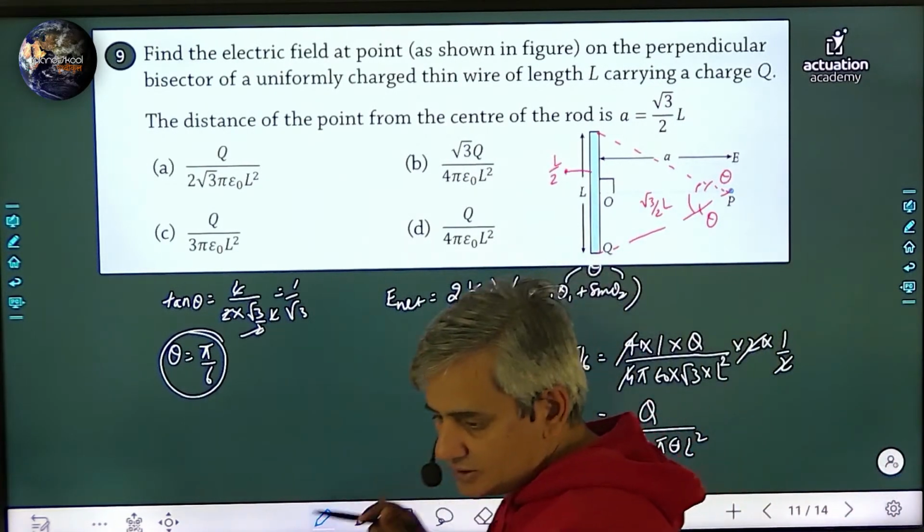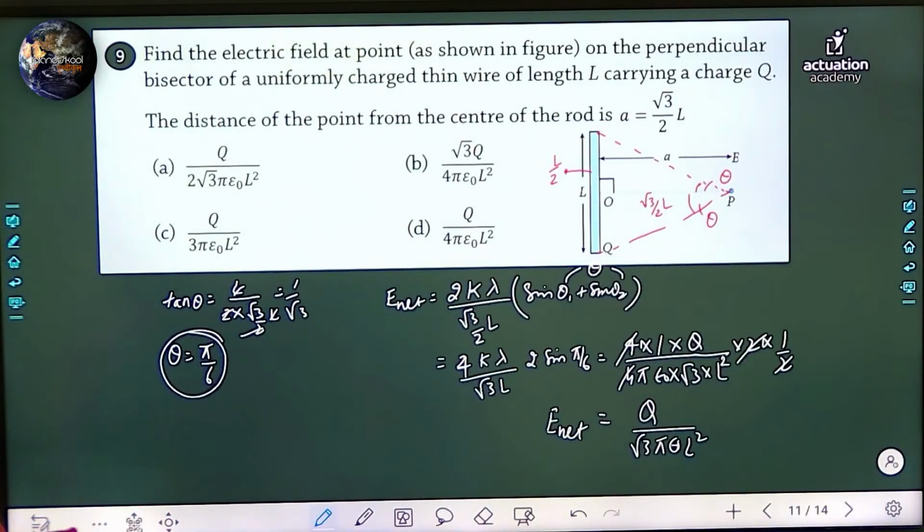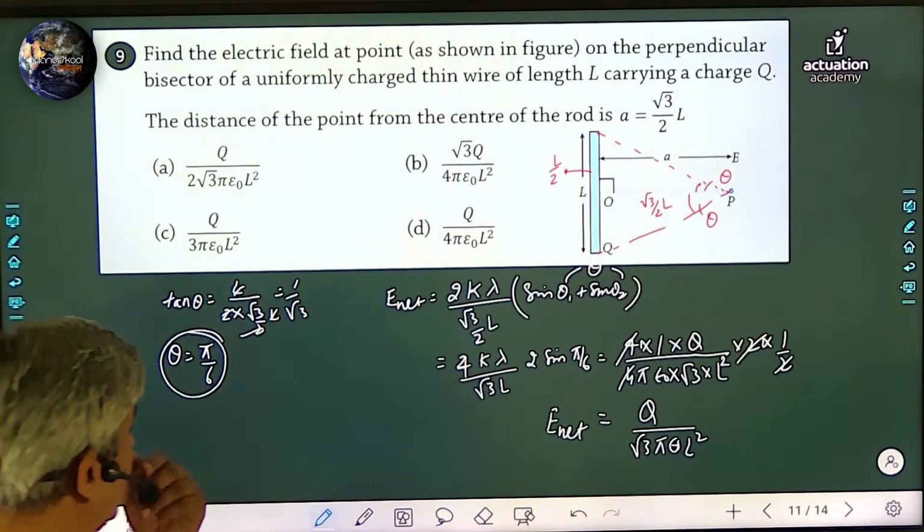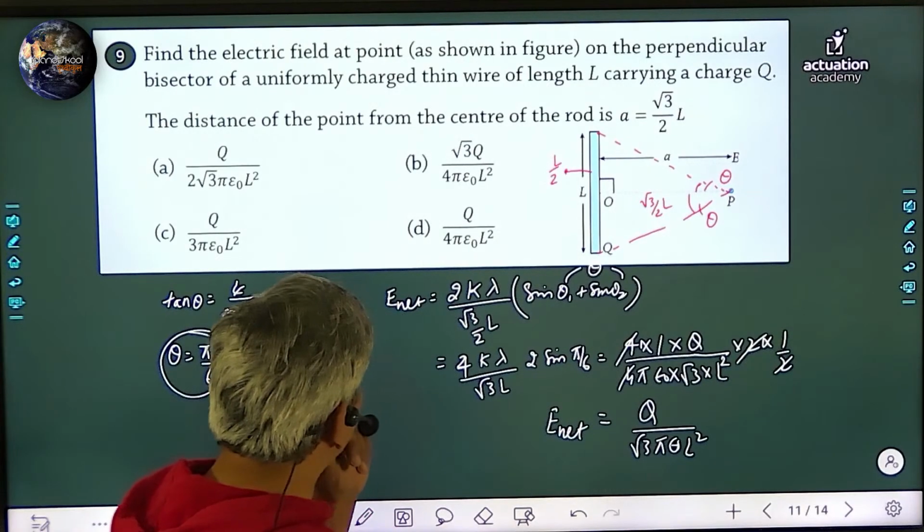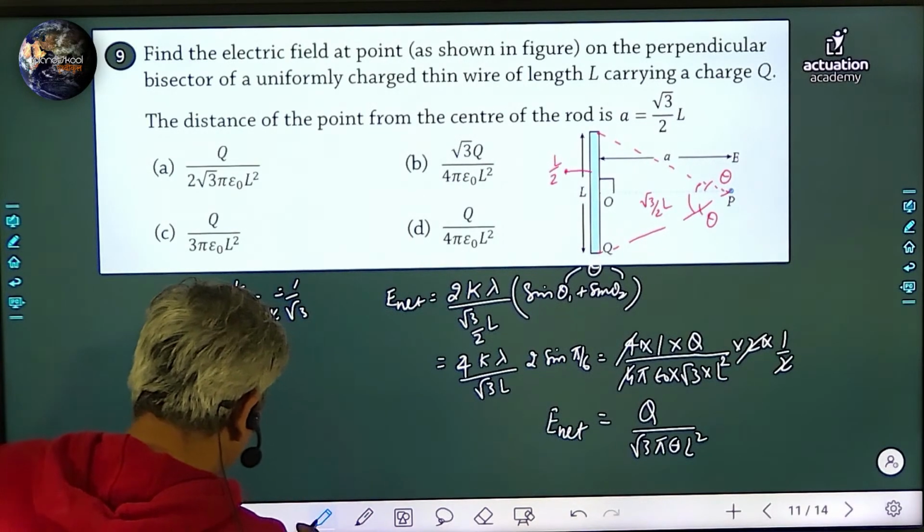I think this is k lambda by 2. Simple, I think this is what I have written.